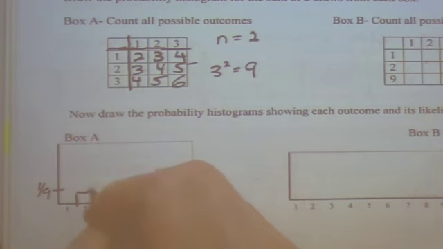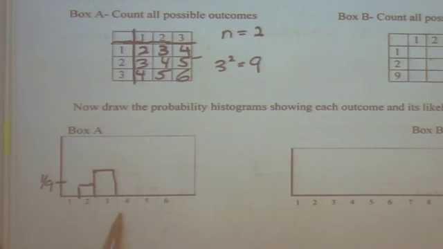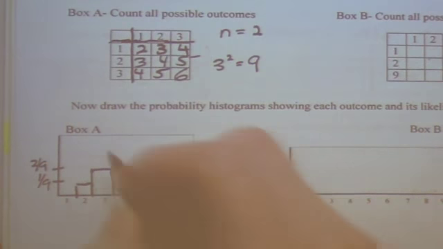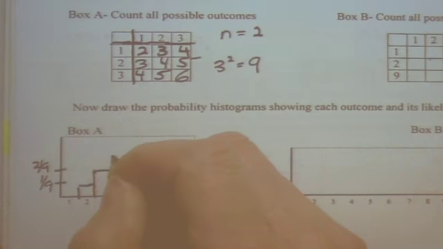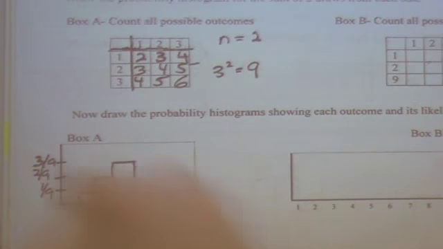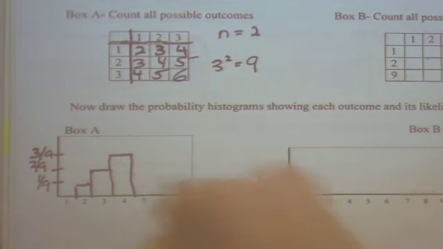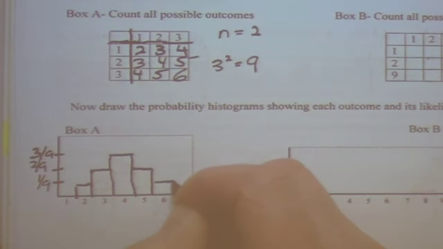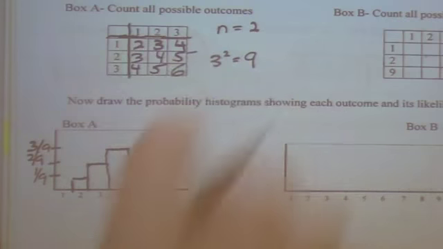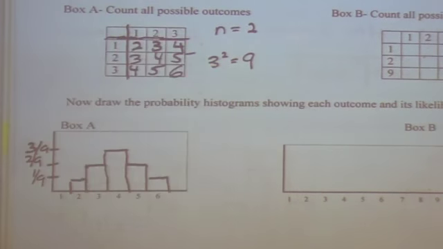Well, there's 2 out of 9 possibilities, so let's make it twice as tall. It should be the same width. And for a 4, there's 3 out of 9 possibilities. And it's symmetrical, see? 2 5s and 1 6. And right in the middle here is our expected value for the sum, which would be 4: n times the average, 2 times the average of the box, which is 2.